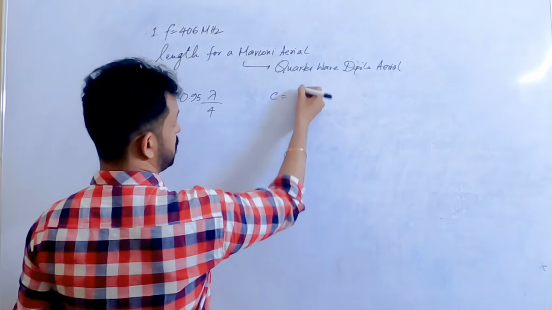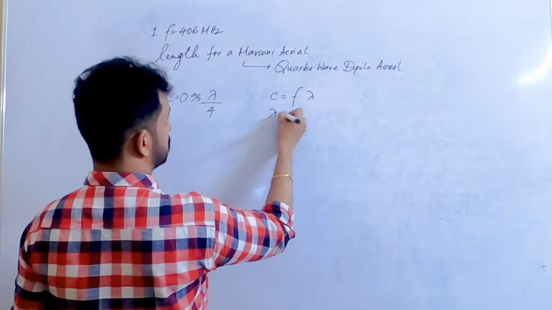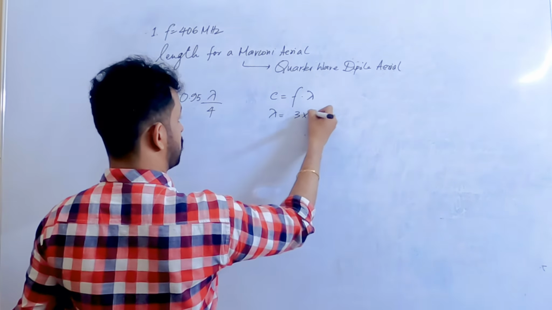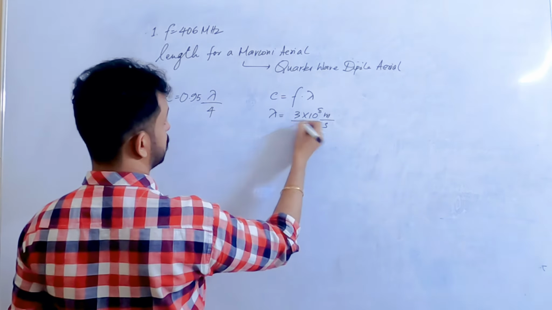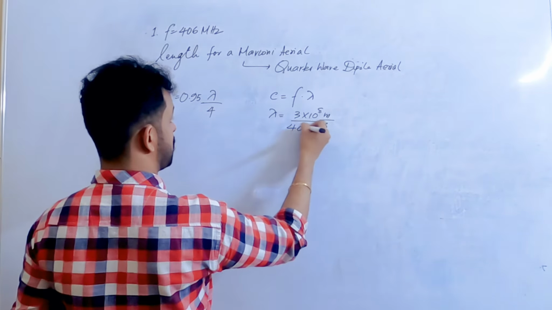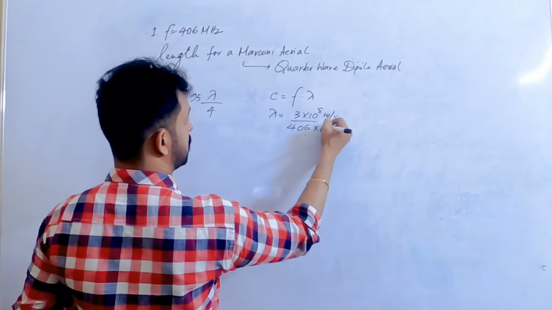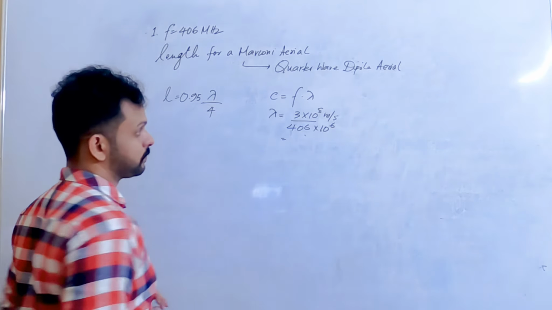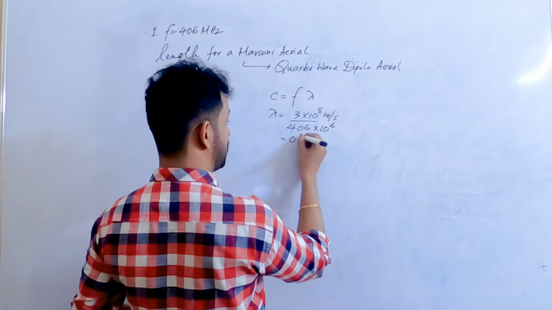You know the frequency multiplied with wavelength will give you the speed of light. Therefore, wavelength is 3 into 10 to the power 8 meters per second divided by the frequency, which is 406 megahertz, 10 to the power 6. Therefore, how much is it? 0.73 meters.